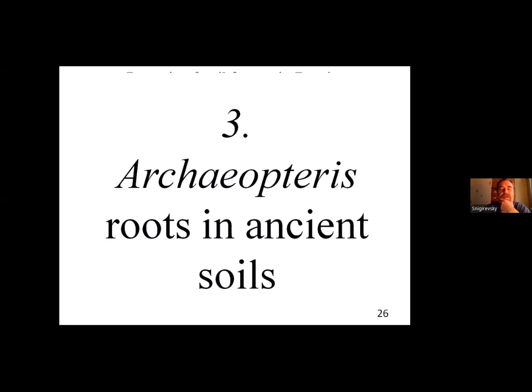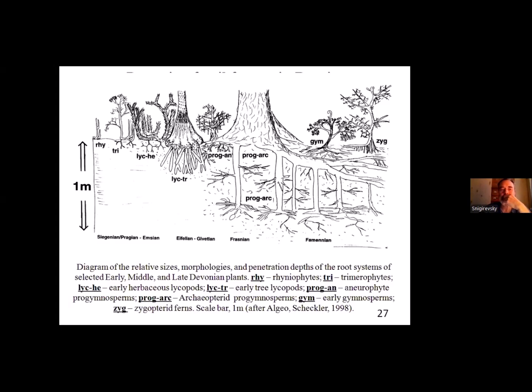Sure, Archaeopteris, as one of the first forest-forming plants, must be a very good soil former, because at the time of the beginning of plant life on the earth, before the invasion of plants onto the land, there were no well-formed soils, and roots and rhizomes of different plants were very short, about 1, 2, 3 millimeters deep.